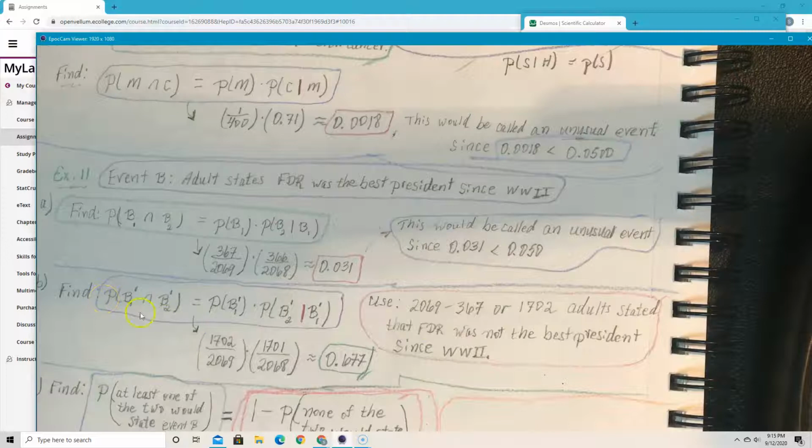So, in my notation, the probability then, the first adult picked from the 2069, B prime, means they did not state FDR was the best president. And B prime complement, the second adult picked did not state FDR was the best president.